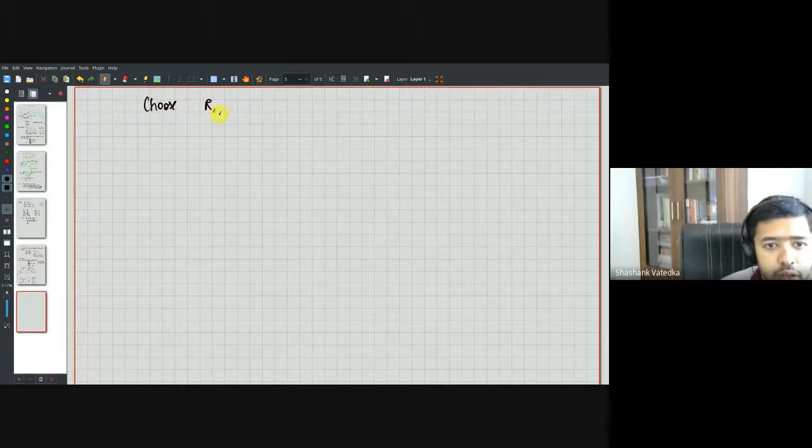So choose R1 comma R2 in the blue region.